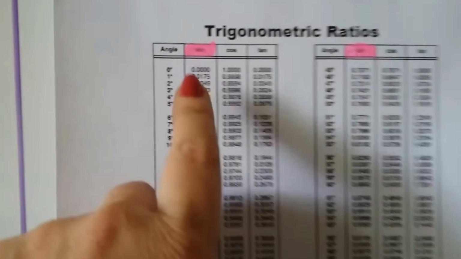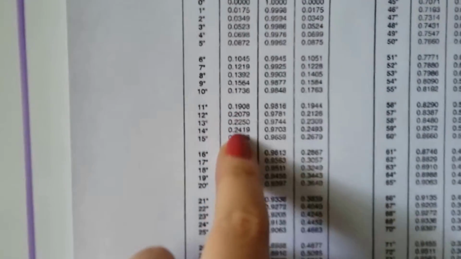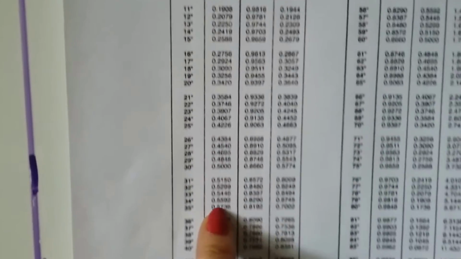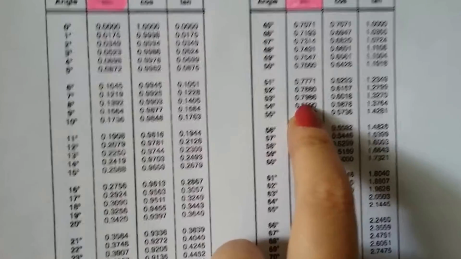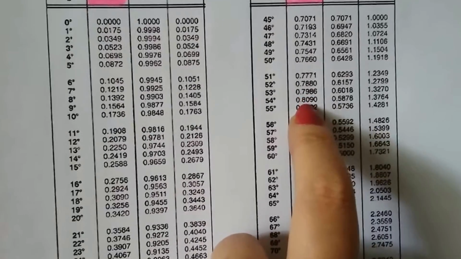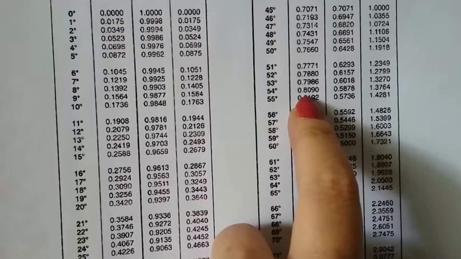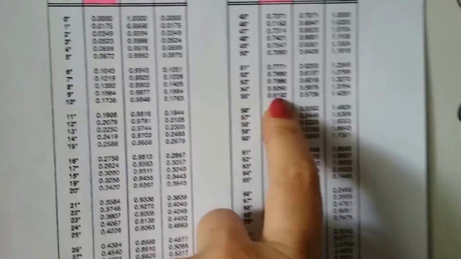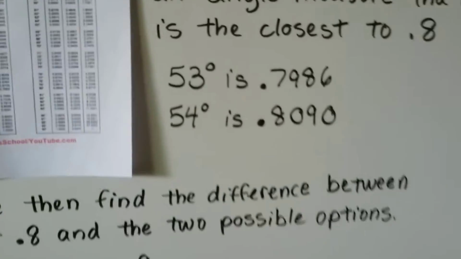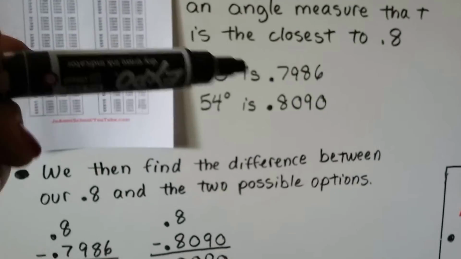So looking into the sine column, we're looking for a 0.8. These are all too low. If we come over here, look at, there's a 0.7986 and a 0.8090. So it's 53 degrees or 54 degrees, but there's nothing that's exactly 0.8. So it's between these two.